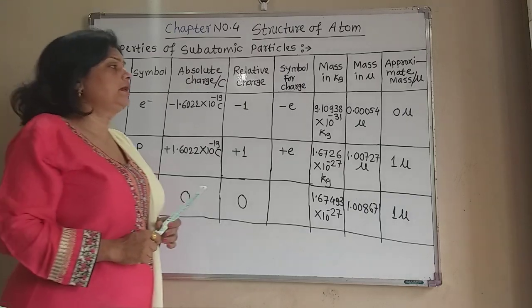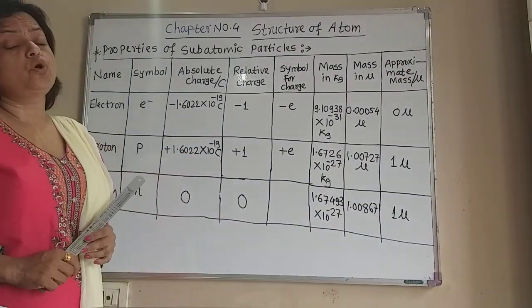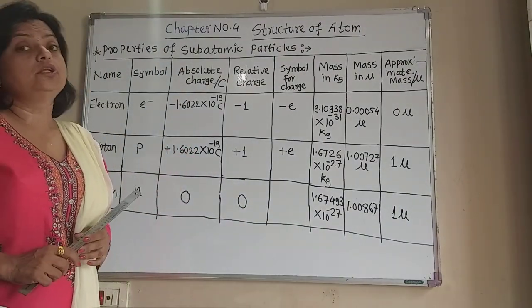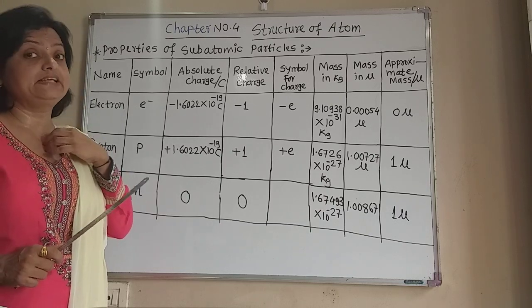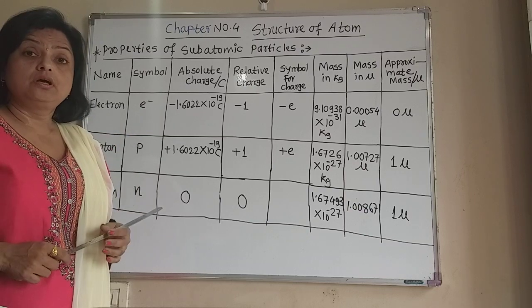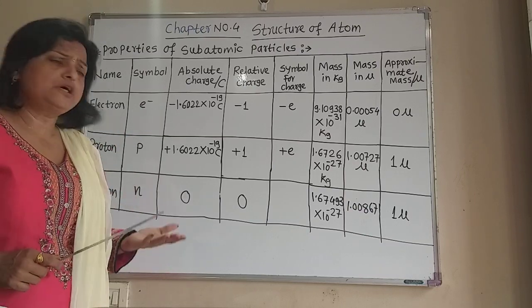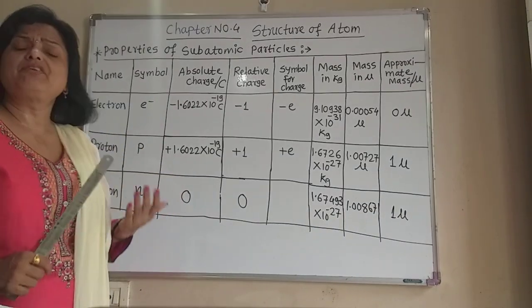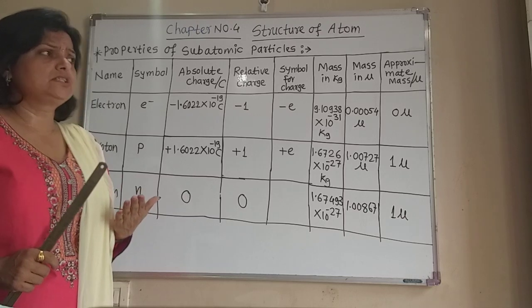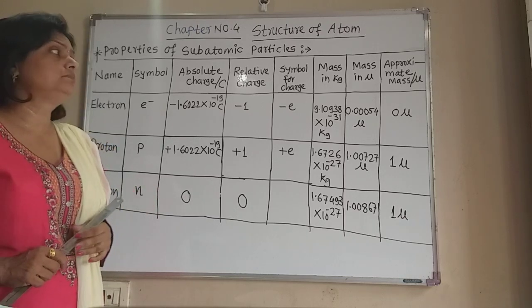In kilogram, the mass of the electron is very negligible. You know that the mass of the electron is 1837 times smaller than that of the proton. So in kilogram also, the weight of the electron is very negligible. It is almost a massless, weightless particle.